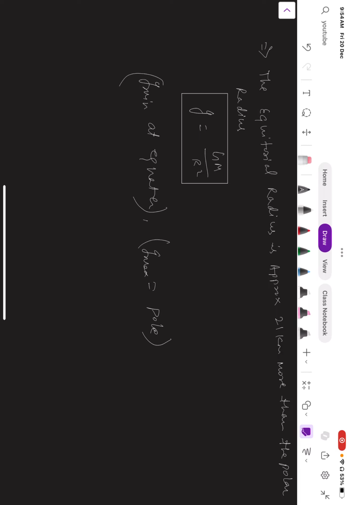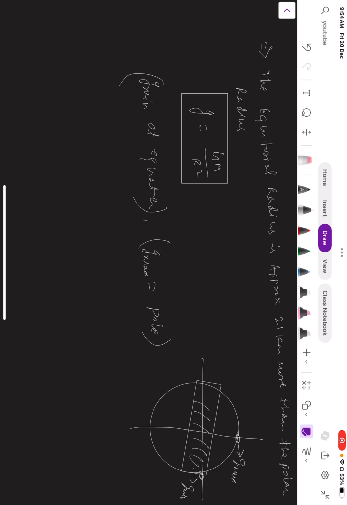In the case of earth, here is the g maximum, and in this equatorial plane there is g minimum. At the center of the earth g is 0.